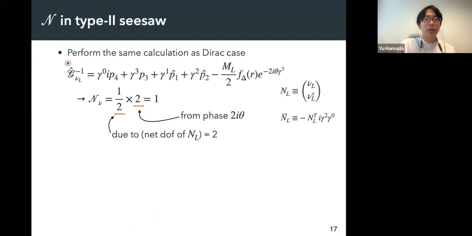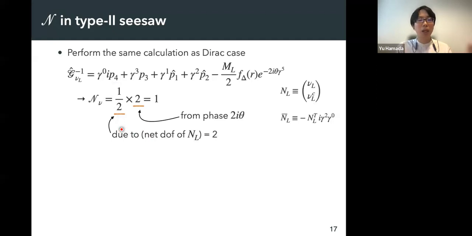So then, performing the same calculation as in the Dirac fermion case, we can see that from these Green's functions, the topological invariant is given by this one. Here, this 2 comes from the 2 of the phase, and this 1/2 comes from the fact that the net degrees of freedom of this 4-component spinor is 2 instead of 4, because we start from only the left-handed neutrino.